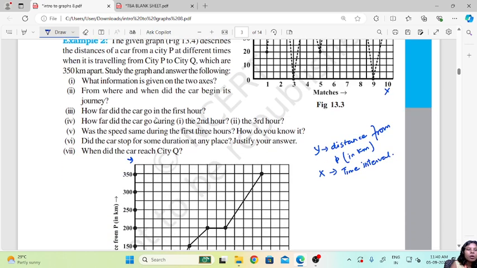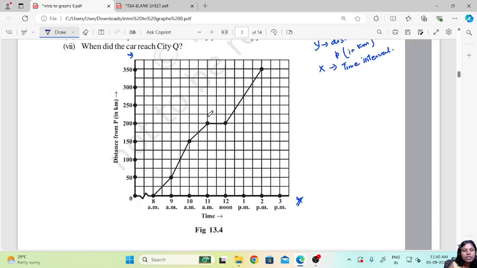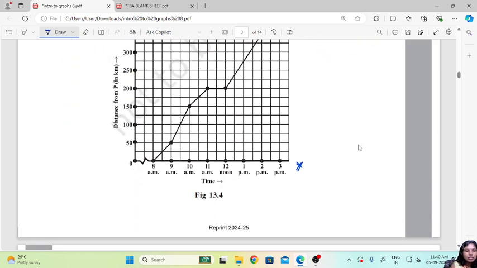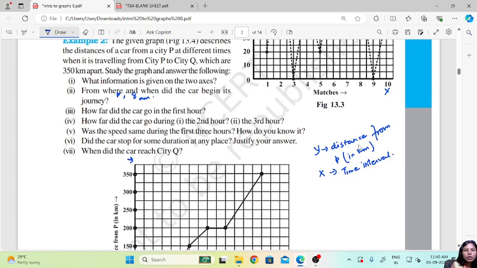So it started from P, and when did the car begin its journey? At 8 a.m. Now, how far did the car go in the first hour? So this is 8 to 9. So how much did it travel? From 0 to 50. So it went up to 50 kilometers.